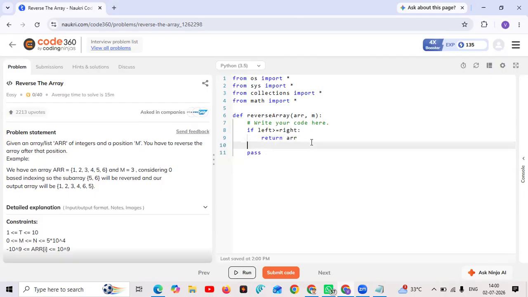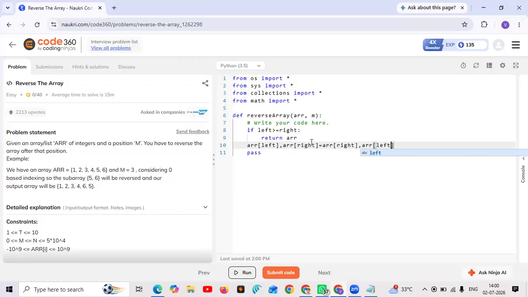Also, array of left is equal to array of right, comma, array of left.